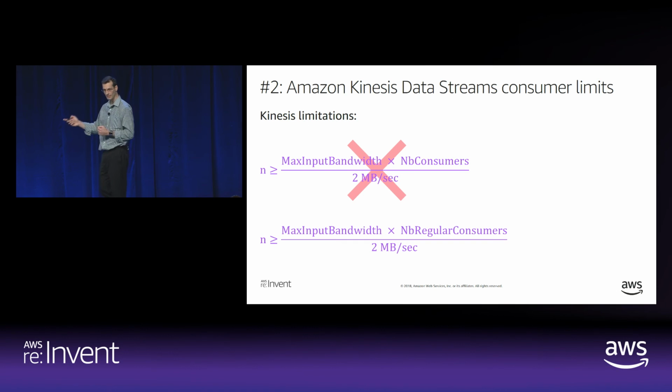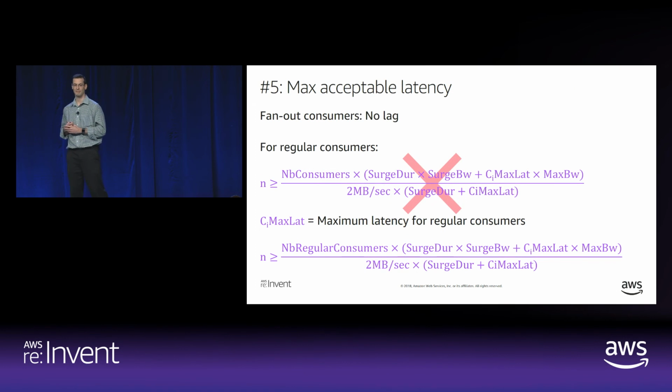Similarly, it changes the maximum acceptable latency. For the same reason, the Fanout consumers will see no lag, and the regular consumers have a smaller pool of consumers to share the 2 megabytes per second with.